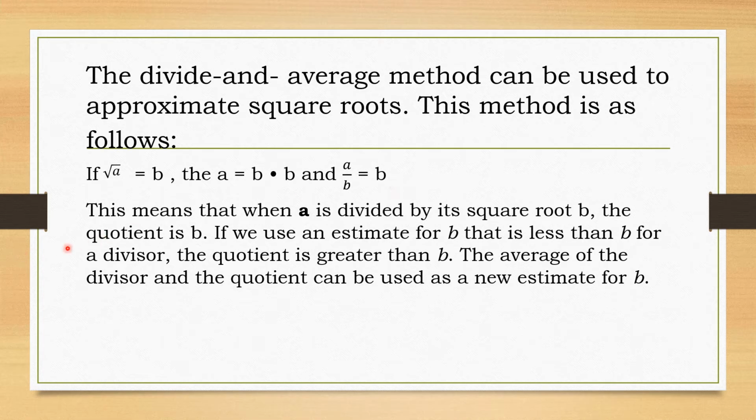This means that when a is divided by its square root, b, the quotient is b. If we use an estimate for b that is less than b for a divisor, the quotient is greater than b. The average of the divisor and the quotient can be used as a new estimate for b.